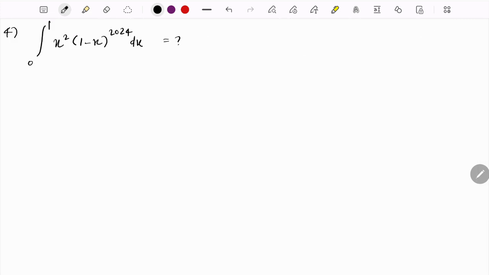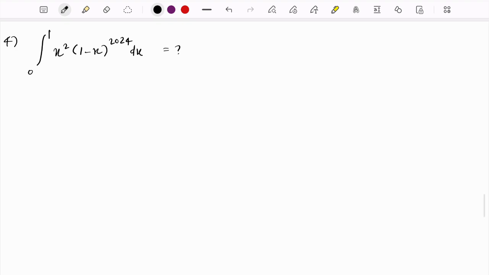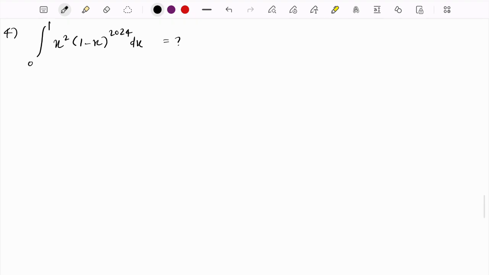So the next question is the integral from 0 to 1 of x square into 1 minus x to the power 2024. So how to evaluate this integral using the beta function?